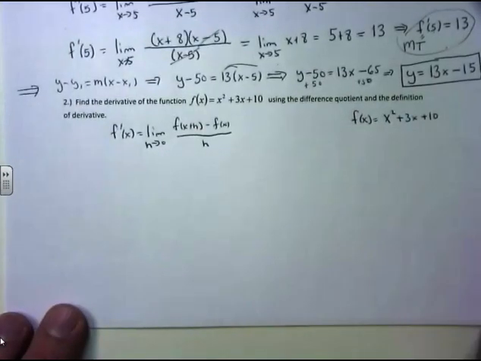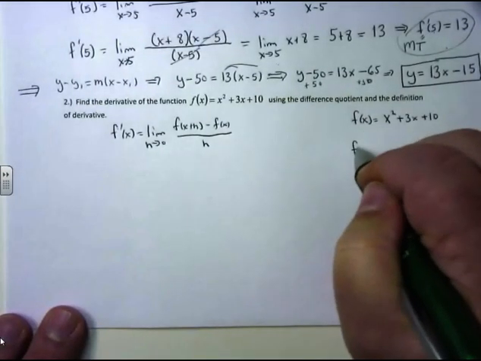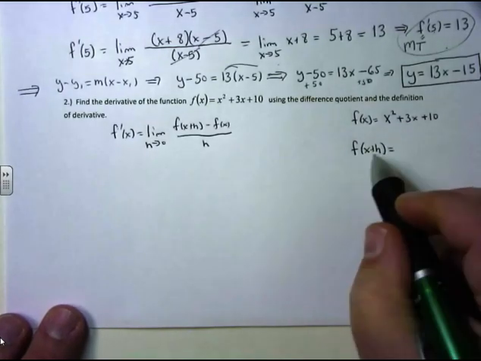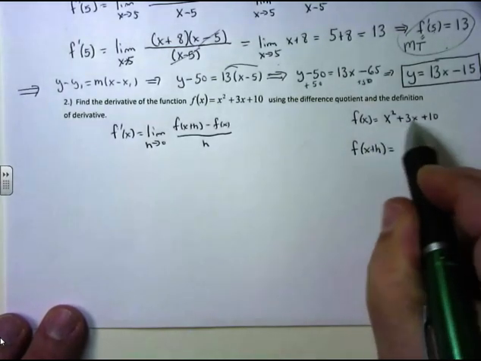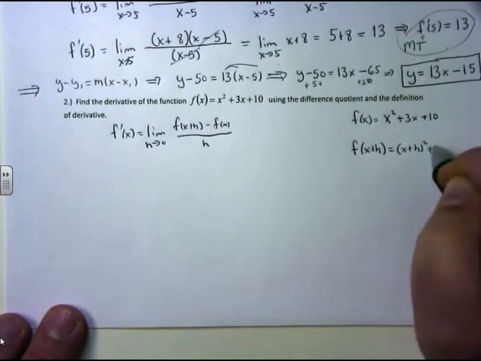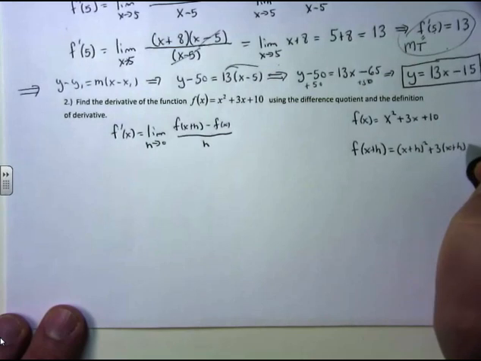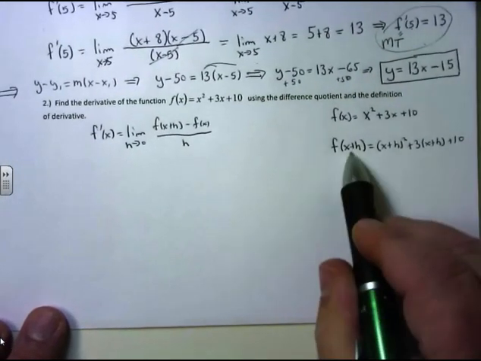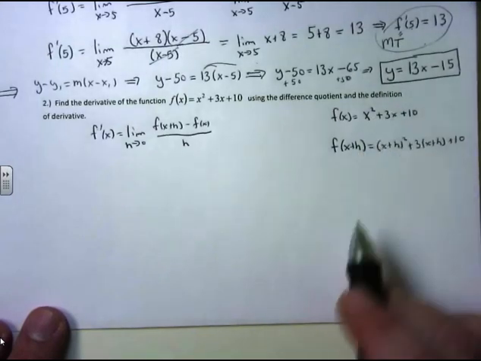If that's the case, what is f of x plus h? f of x plus h means I'm taking x plus h and plugging in for all my x's. So this would be x plus h squared plus 3 times x plus h plus 10. Classic functional notation. Whatever's inside the parentheses is what I replace x with.